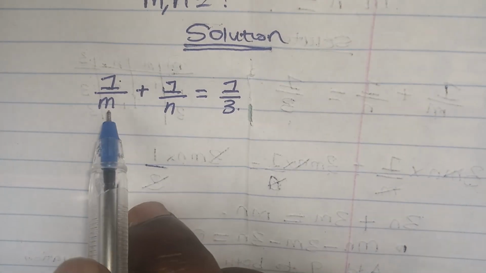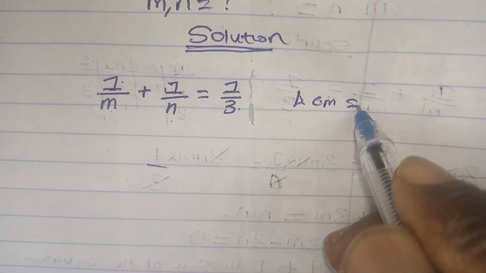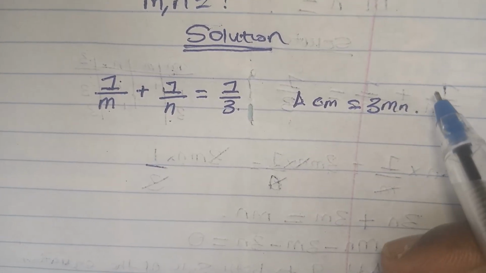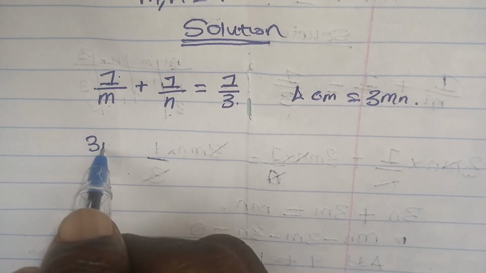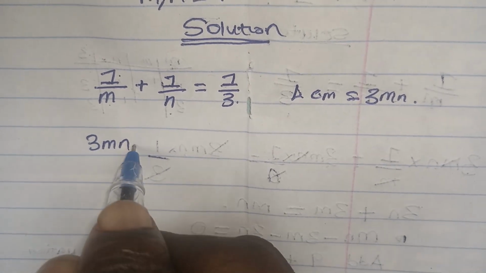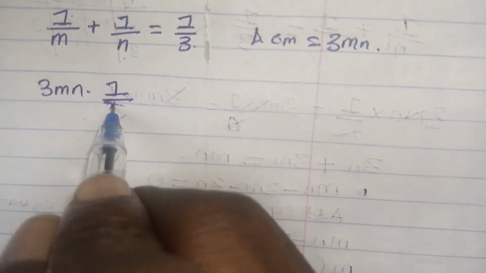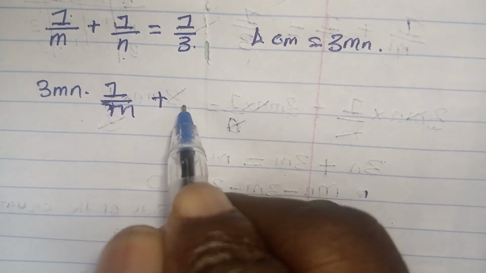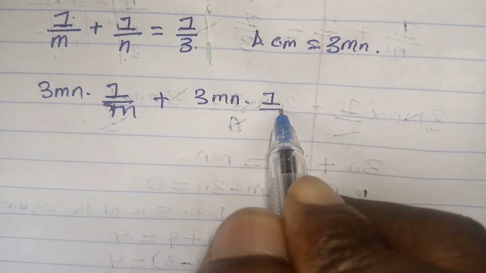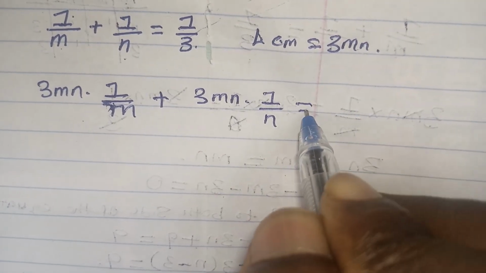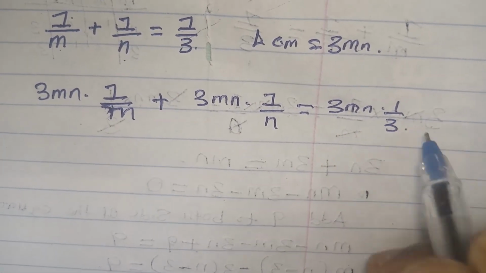The LCM of m, n and 3 is equal to 3mn. So if you look for the LCM of 3mn, we can say this to be 3mn times 1 over m, plus 3mn times 1 over n, equals 3mn times 1 over 3.